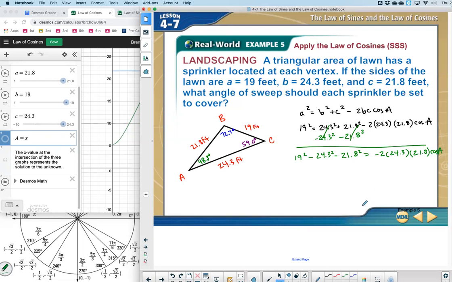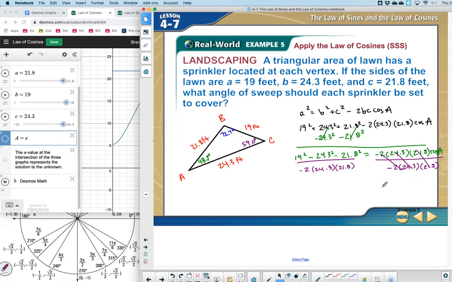Now to get cosine by itself, I'm going to divide both sides by the parts that are multiplying, the negative 2 times 24.3 times 21.8, and that eliminates all of that.